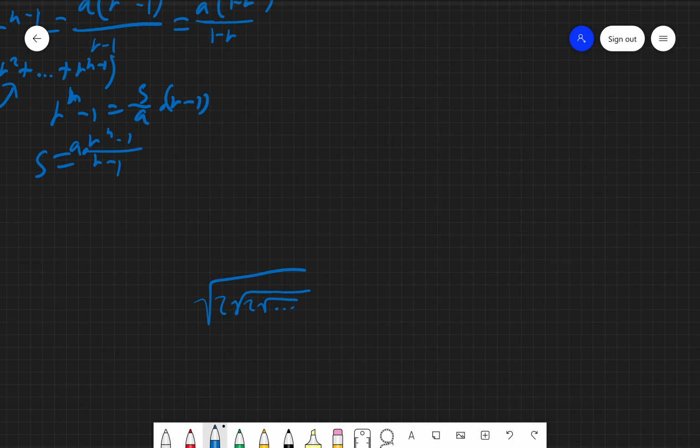Well, how are we going to solve that? Let's say that's equal to x. Notice that this whole thing is the same as this tiny thing over here, right? Why is that? Because it goes on for infinity, so there's no end.